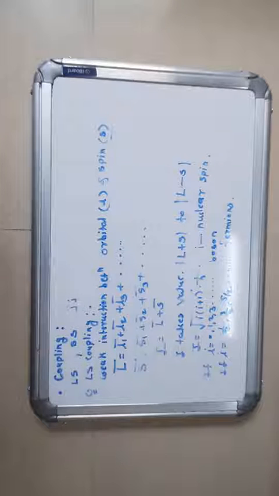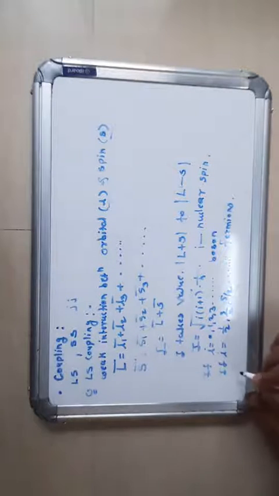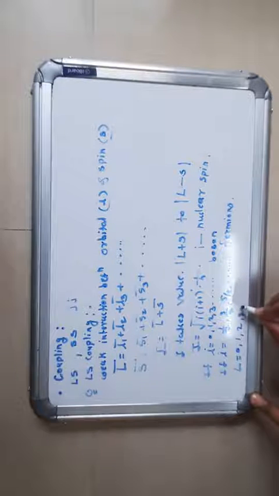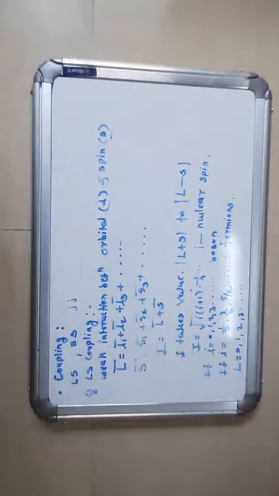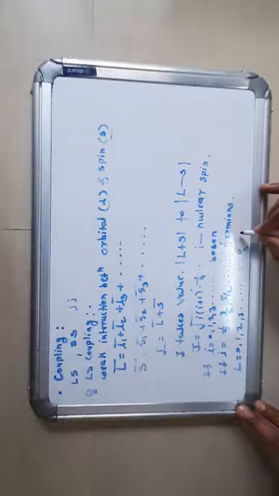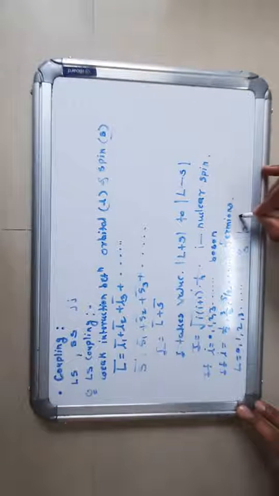Then the nomenclature of the nuclear levels in LS coupling follows the usual nomenclature of atomic spectroscopy. For capital L equal to 0, 1, 2, 3 and so on, the levels are designated as S for L equal to 0, P for L equal to 1, D for L equal to 2 and so on.